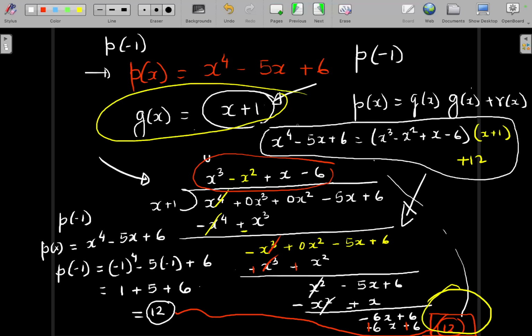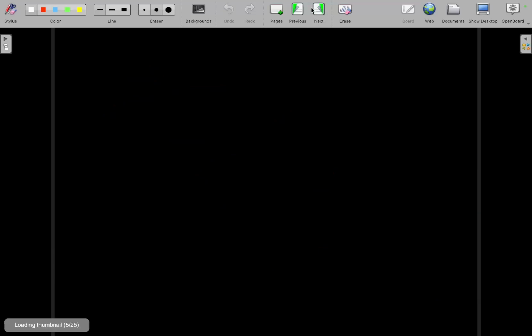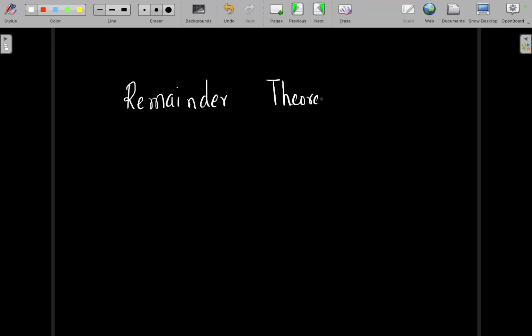And now, with this background, in the next lesson, I will state the remainder theorem, which is very important for you. And I will also state the factor theorem, which is very closely related to the remainder theorem. And we will be able to prove it very easily.